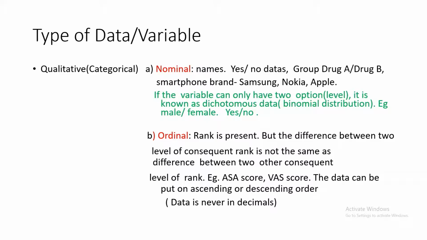So the rank is present, but the difference between two consecutive levels of rank is not the same as the difference between two other consecutive levels. So ordinal data can be put in ascending or descending order, but usually we cannot do calculations on this type of data.